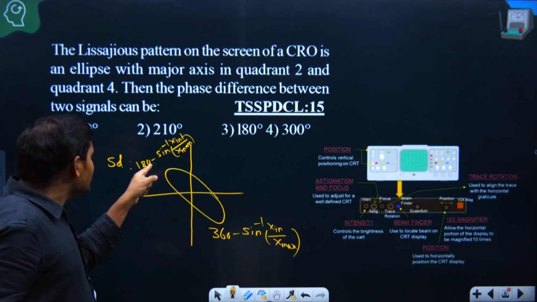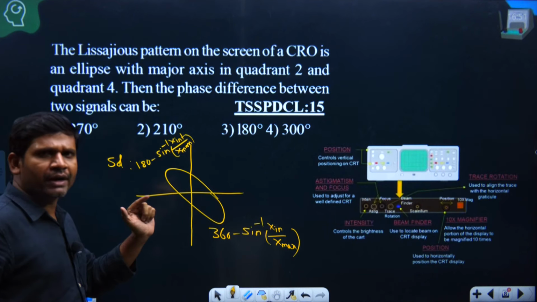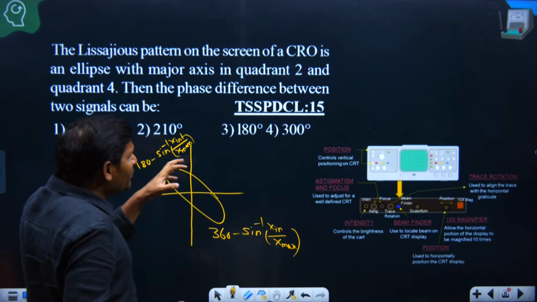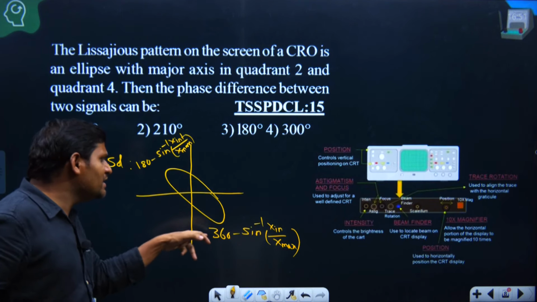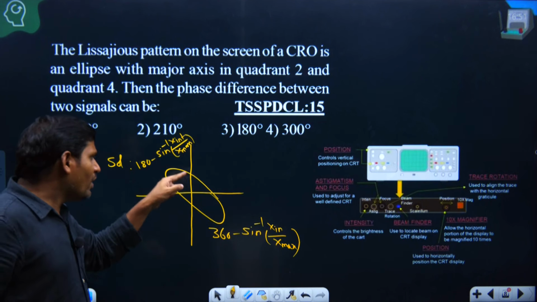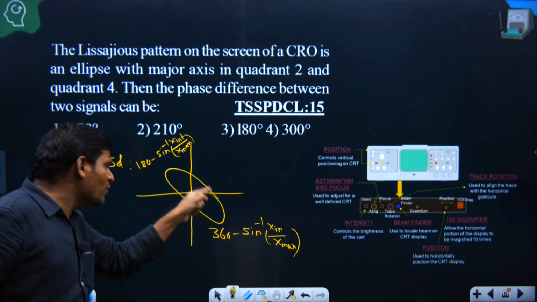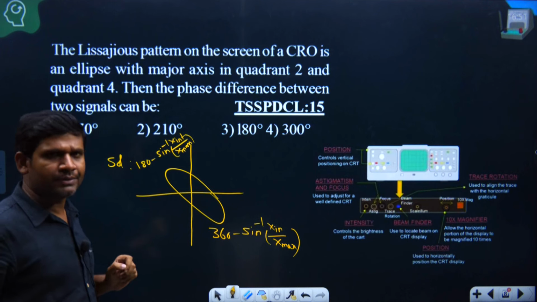This is in the second quadrant, this is in the fourth quadrant, but it is not given whether it is clockwise or anti-clockwise. If it is anti-clockwise, you have to take the fourth quadrant. For the same pattern, if clockwise is given, you have to take the second quadrant.